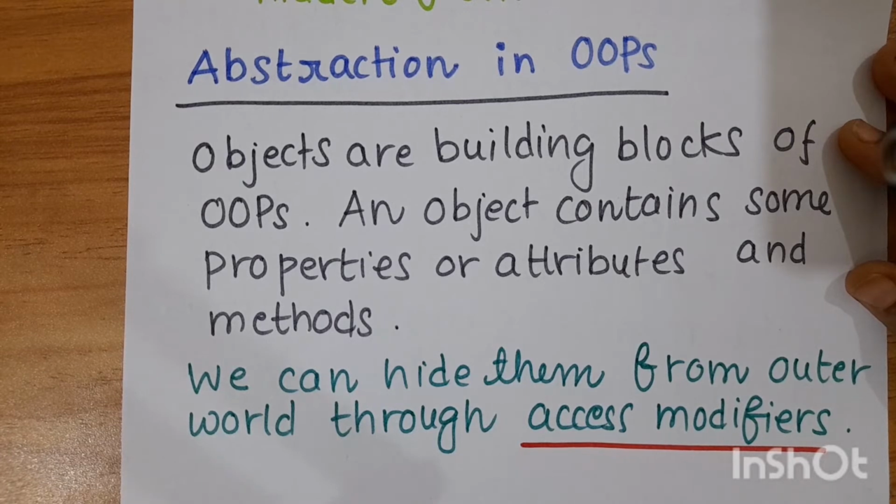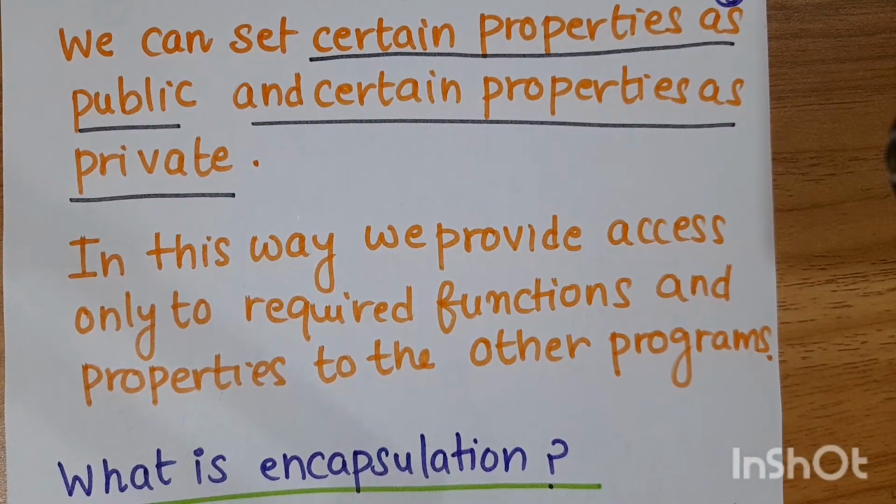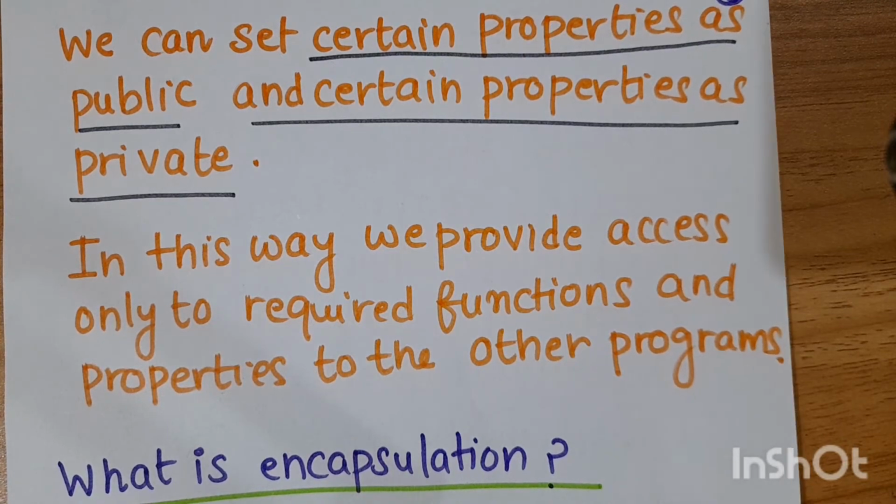These are called access modifiers. Means you can provide access to the attributes and methods to be available to the outside world, or you can keep them private, that you do not want to provide access to them to the outside world. In this way, we can provide access only to the required functions and properties to the other program.